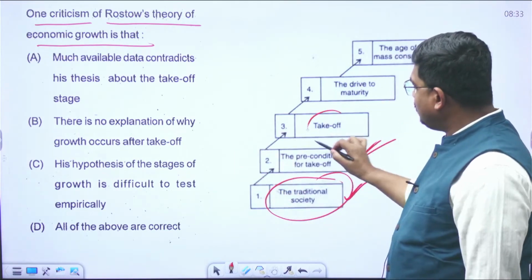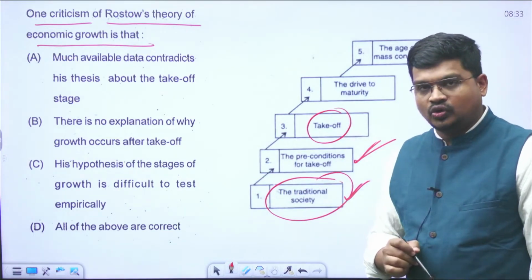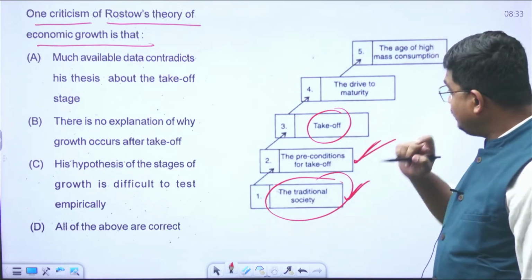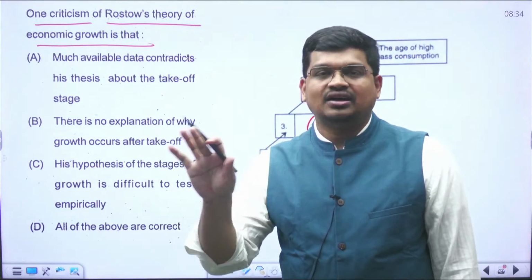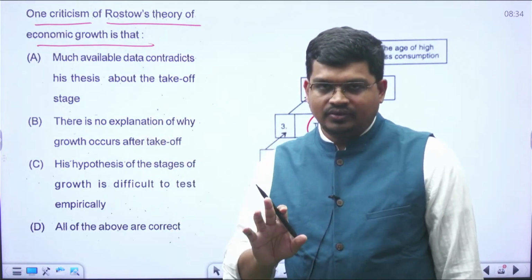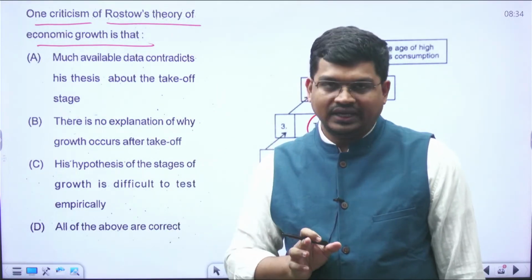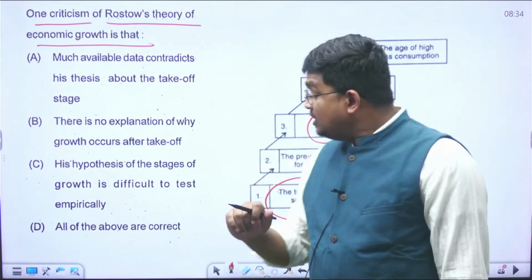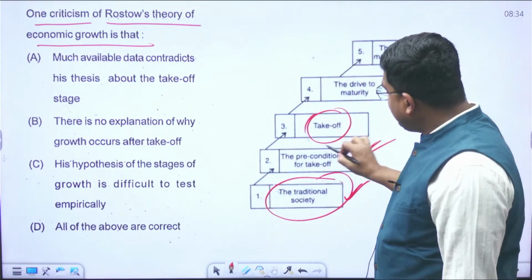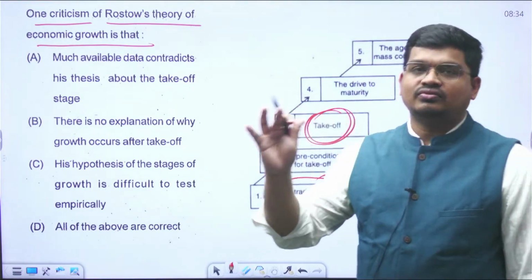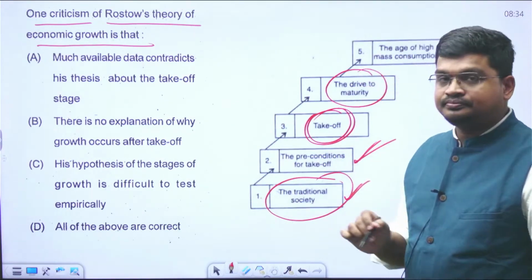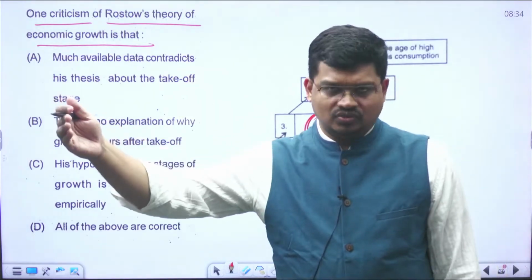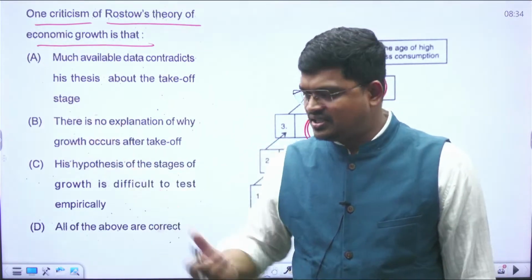And when the economy takes off, that means it will have a decent amount of growth rate. If you want to compare with India's growth story, then you can say this Hindu rate of growth is something like takeoff, and then we got the drive to maturity, a bit higher rate of growth, 6 to 7%, let's say.